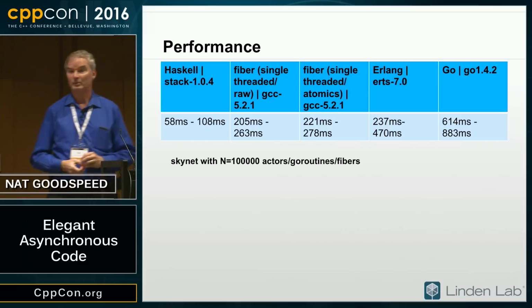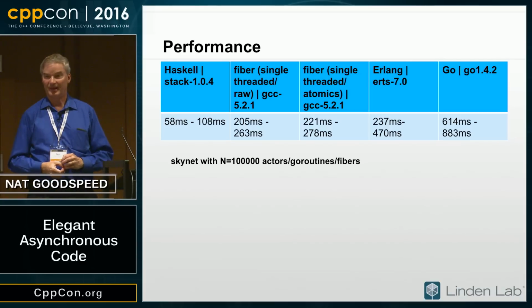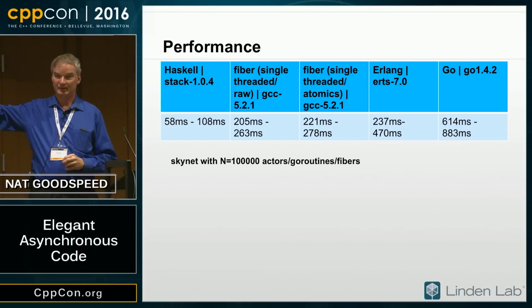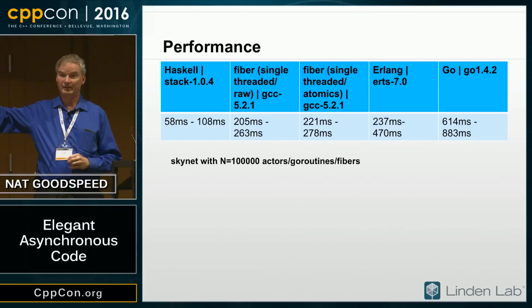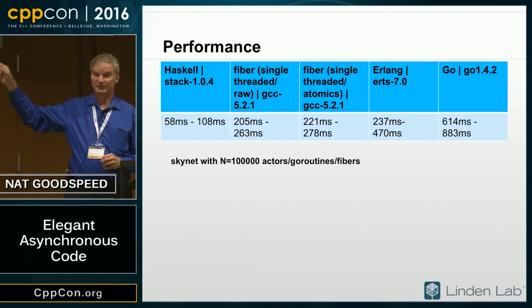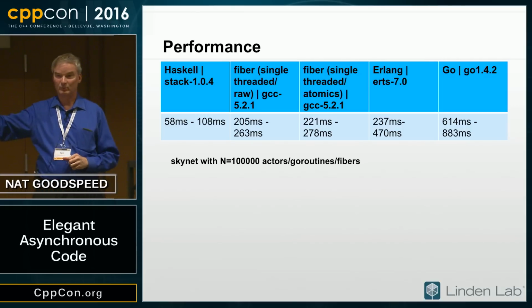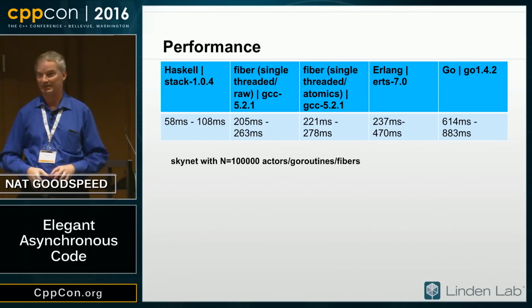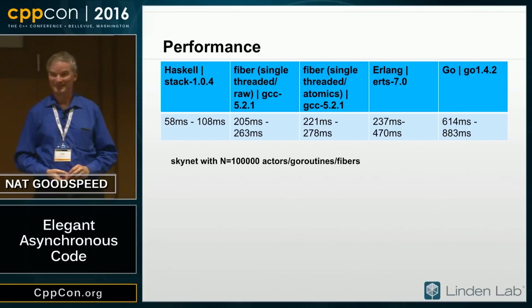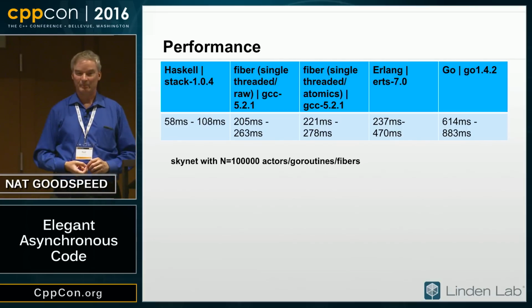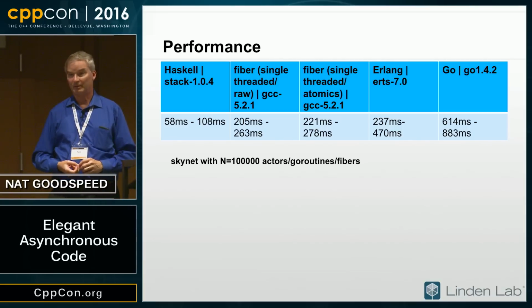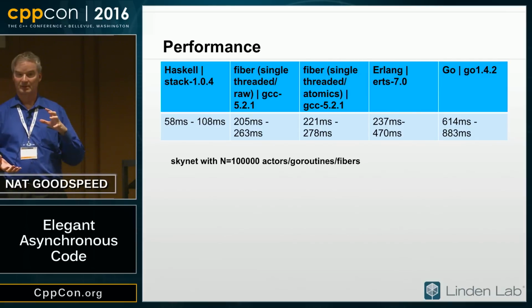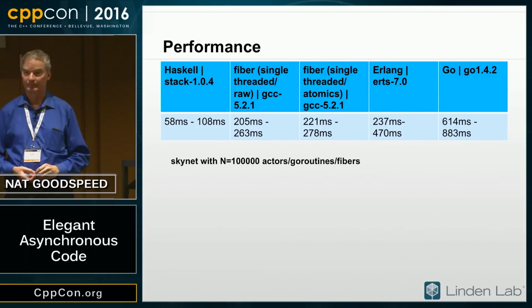Now, I will say this, that I don't believe fiber context switching will compare favorably with Microsoft resumable functions, which, as you probably saw yesterday afternoon, can be optimized out to crazy minimalism. But I think they hold their own pretty well with regards to other concurrency frameworks in userland space.